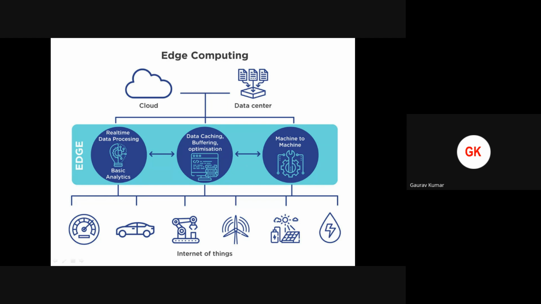If we discuss different use cases, we will cover a few here, like traffic monitoring and smart agriculture. Nowadays in edge computing, artificial intelligence is also associated. That's why it is interlinked with edge AI.